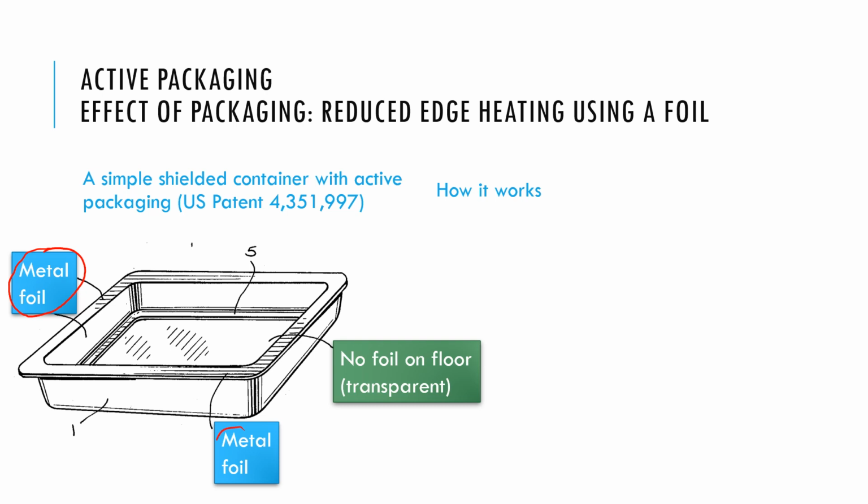You can see metal foil here, and no metal foil on the floor, on the transparent part. So it's just trying to protect the edges and corners from overheating. This is from a US patent, as you see the patent number. So how does it work?